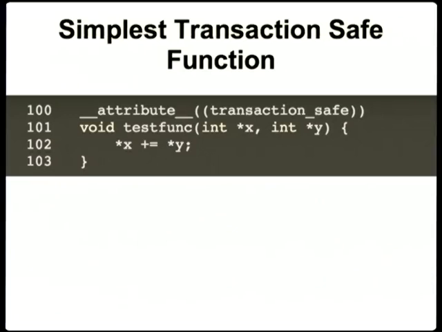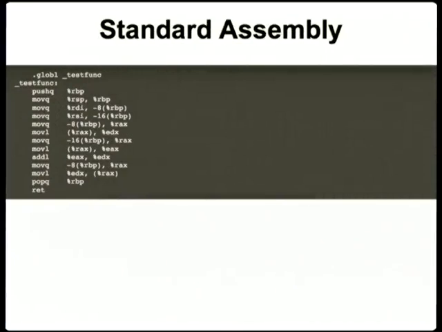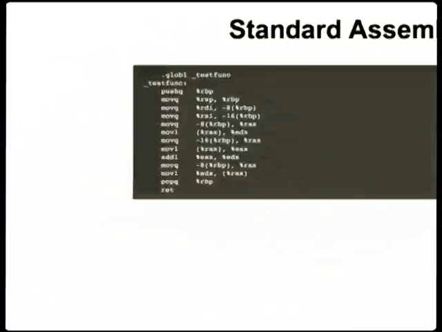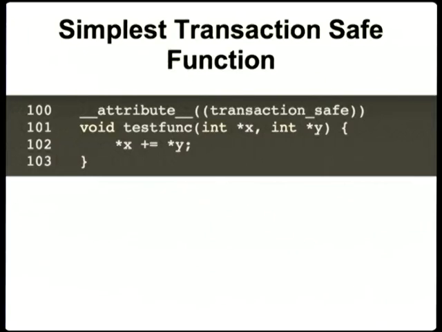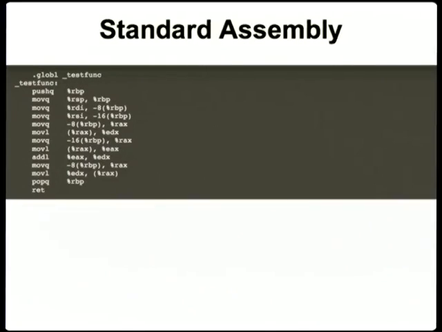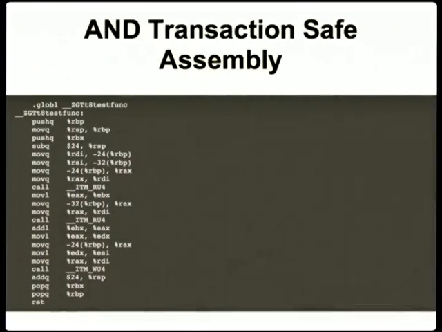What's really cute about that is that the compiler actually generates two versions of the function. It generates the standard version of what I just did. So I'm going to flip back, the same thing I did before, add y to x. This is the standard non-transactional version of that. It also creates a version with a horribly mangled name, which is the transactional version.